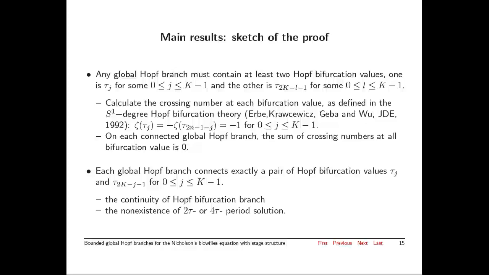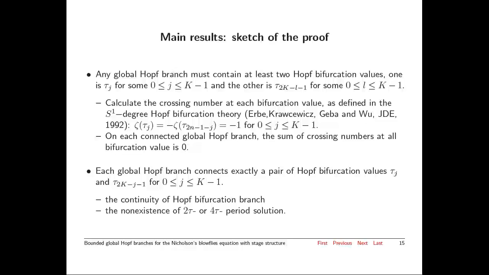And by using the continuity of the Hopf branch, and since we already proved the non-existence of 2 tau period and 4 tau period periodic solutions, we also know that if we do not have 4 tau period periodic solutions, we definitely cannot have 4 tau divided by n period periodic solutions.